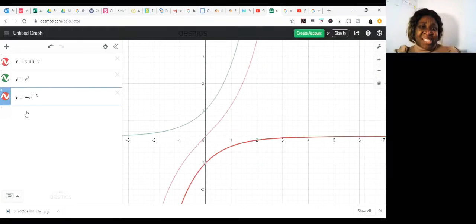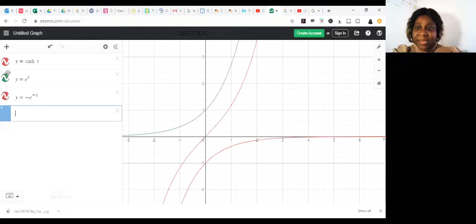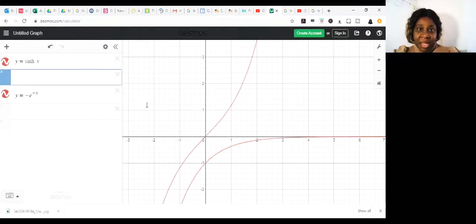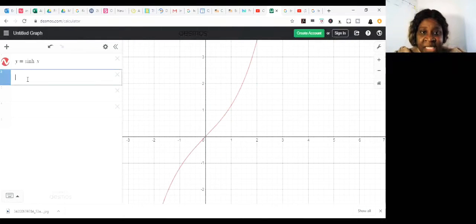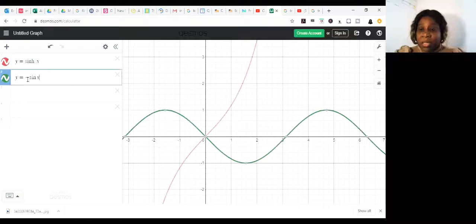Now let's see what it looks like when it's been transformed. I'm going to get rid of the e to the power of x and e to the power of minus x, and show you what it looks like when we have the negative one. y is equal to minus sinh x.